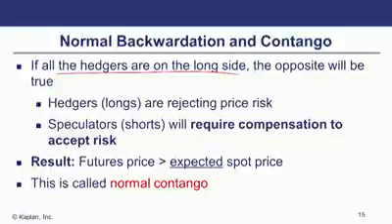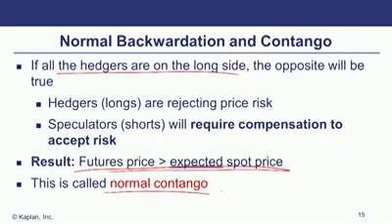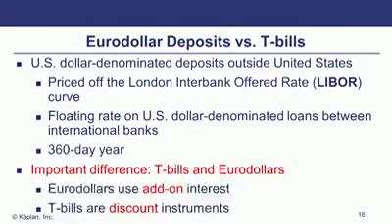They're going to bid up the price of the futures contract to a point where the futures price will exceed the expected spot price in the future. And of course, this will be referred to as normal Contango.